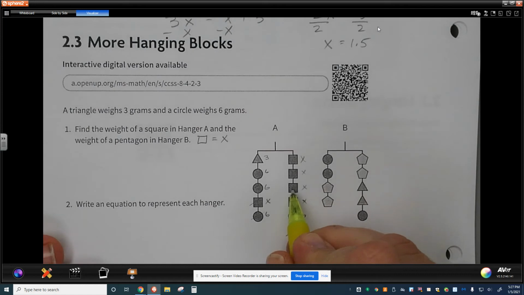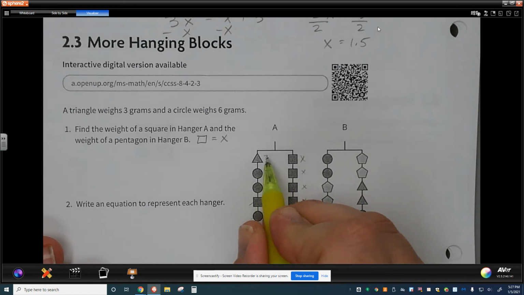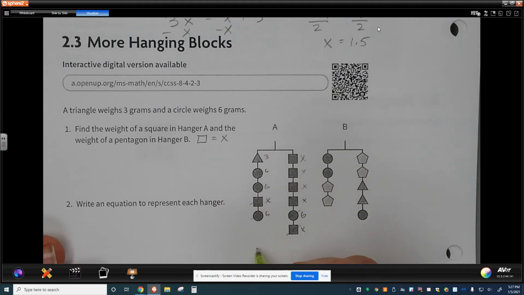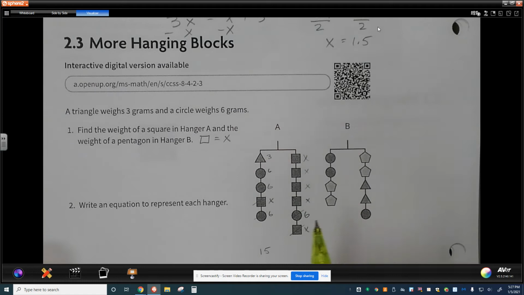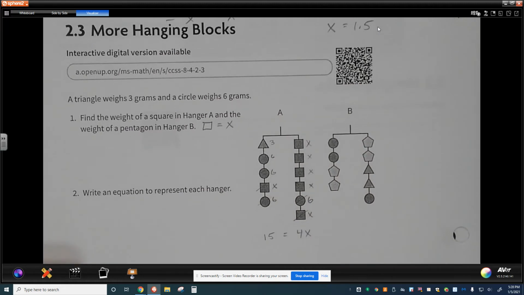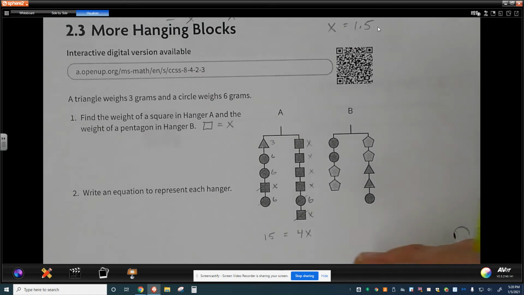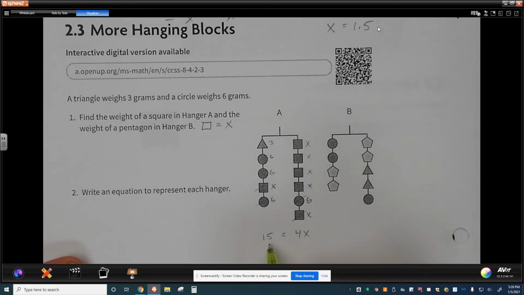When I look over here, what's left over, I see combined total. I have 6 and 6 and 3, so that makes it 15. And then, so 12 plus 3 is 15. And then I have just 4 x's that are left, which means that for those 4 x's, I have to divide that evenly across 15.